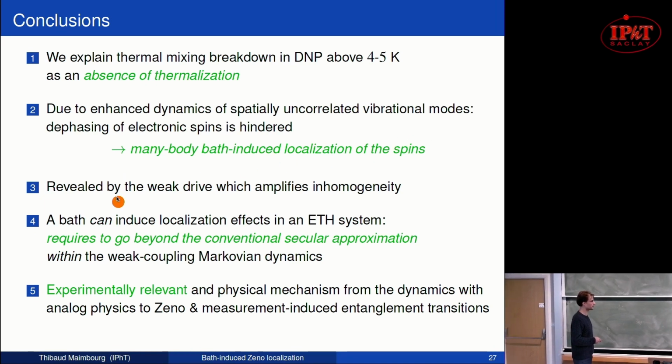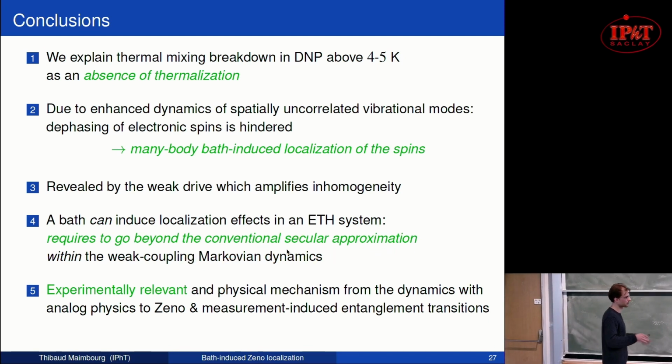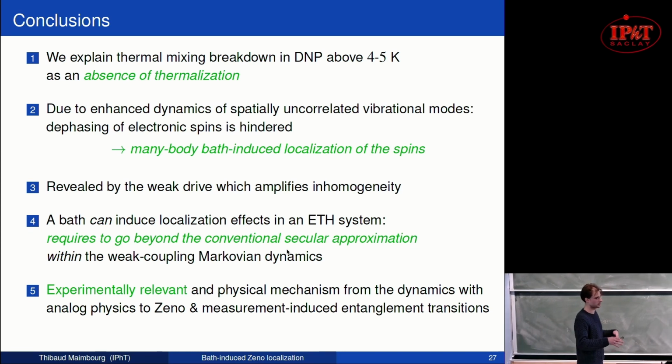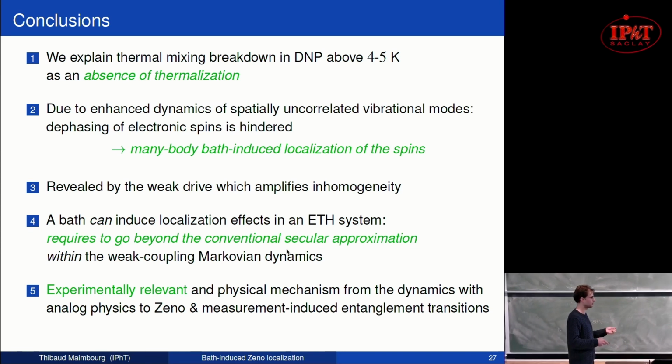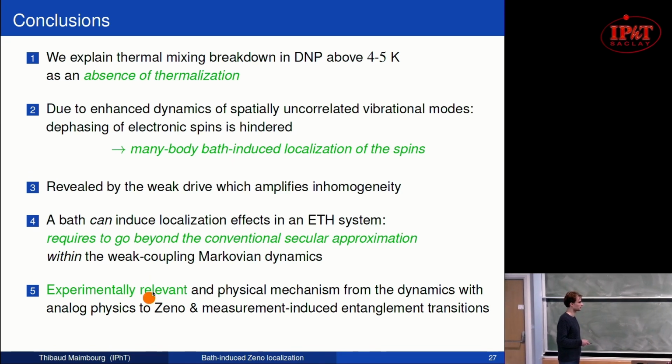And to see this, you have to go beyond the usual secular approximation that is used in Markovian dynamics, and we still see the effect. So it's an effect of kind of strong coupling to the bath, but we still see it in this weak coupling perturbative scheme. And we hope to see this in experiment soon.